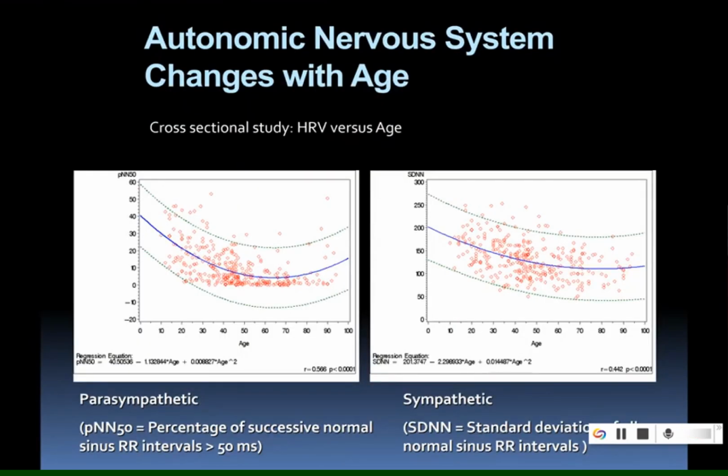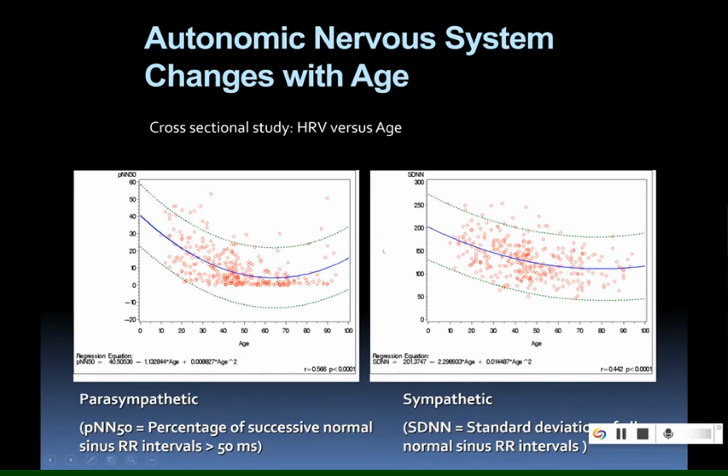This is some research that I collaborated on, and basically what it shows in the right graph here is the loss of sympathetic tone over time with the elderly. This is a cross-sectional study, but you can see there's a steady decline in the sympathetic tone.